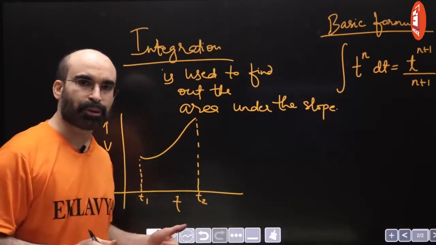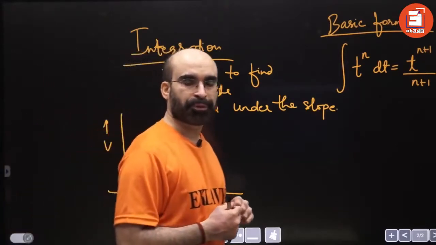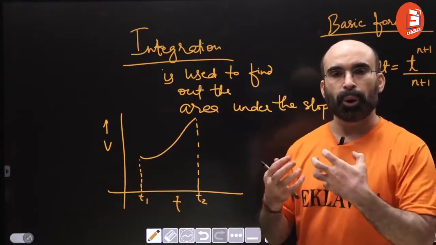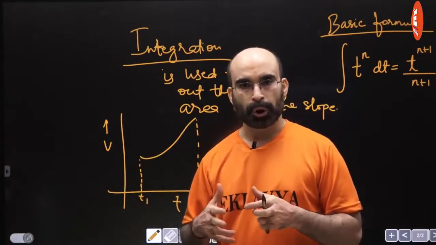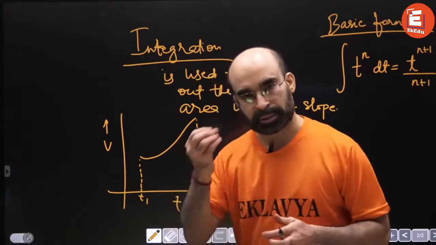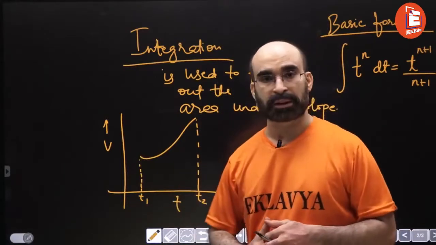Is it easy to find the area under this sort of slope? No, that is not easy, because we know the area of a rectangle or square, well-defined structures, and finding that area would be easier, but this is not that easy.